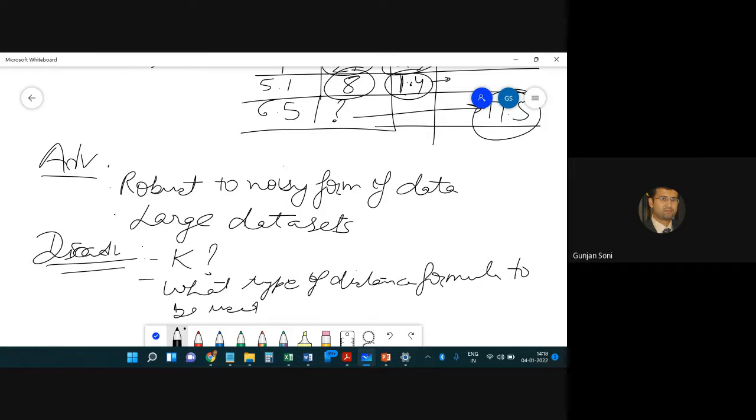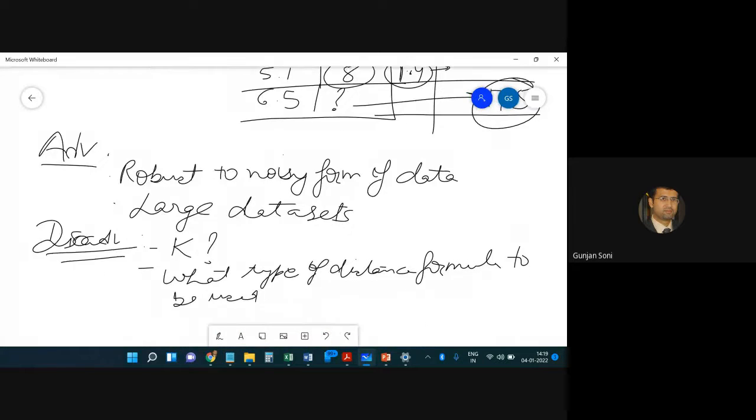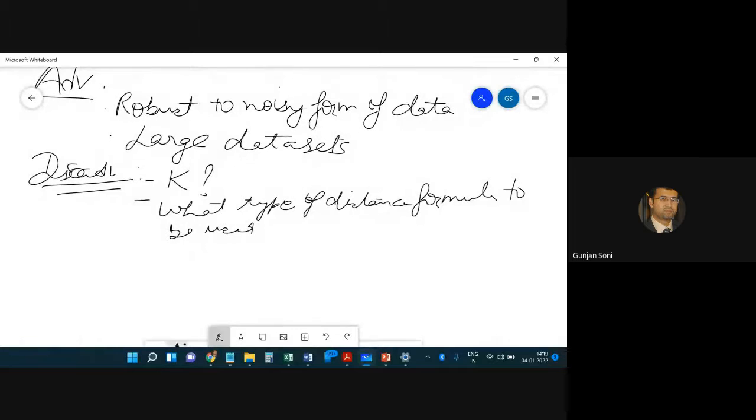Should we be using square distance or inverse square distance? What type of distance can we use? You have to study the values of the variables, then only you can think about using a particular type of distance formula.